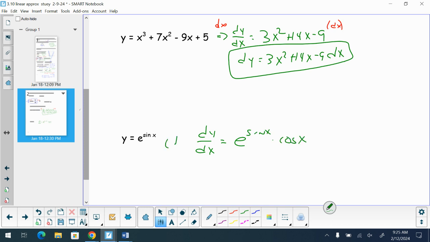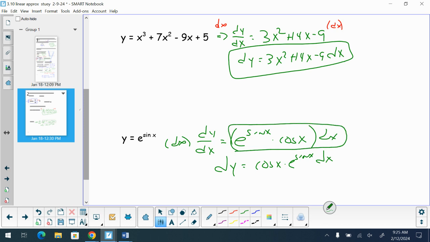And then we can multiply by dx. So my differential dy is equal to that, and I can leave it in that form, or if I want to put the cosine of x times e to the sine of x dx, that is fine. Either way is correct.